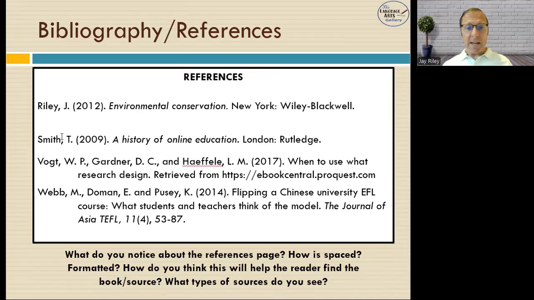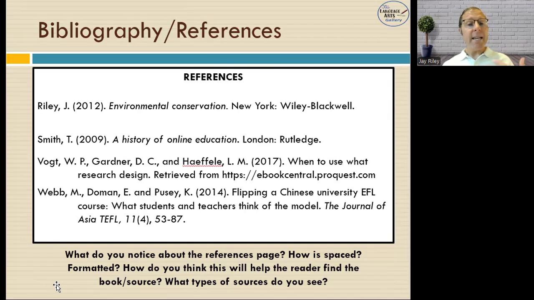Okay, so here I've got these references. They are all put in alphabetical order. If I've got an author with the same name and year of publication, then I will have A, B, and C to differentiate between the different sources, and that'll also appear in the in-text citations.